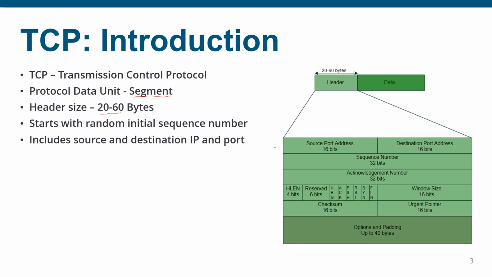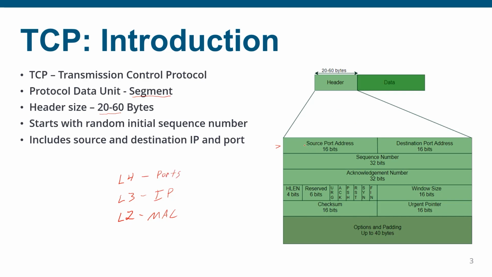The first 2 bytes we see are the source port, and it calls it a port address. It's actually a layer 4 address. Recall that layer 2 is our MAC address, layer 3 we have our IP addresses, and at layer 4, the addresses we use are ports.